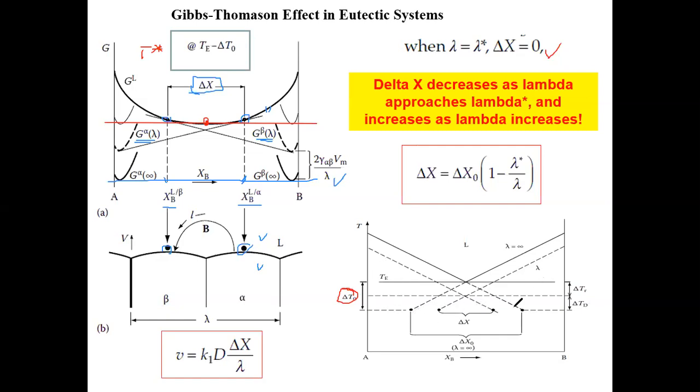Depending on where my free energy is, where my lambda is, I have these T curves that depend on the composition as well as the lambda. I can have these T curves move up and down, because when I change lambda, I change the effective supercooling felt by the nucleus. And we know that this is linearly inversely proportional to lambda.